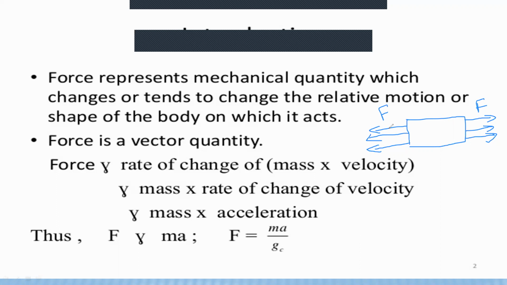So the relative motion of the body is changed, or the shape of the body is changed. Suppose it has some particular area, so we can apply the forces in this condition. The area of the body is changed, which means the shape of the body is changed. The shape goes like this.